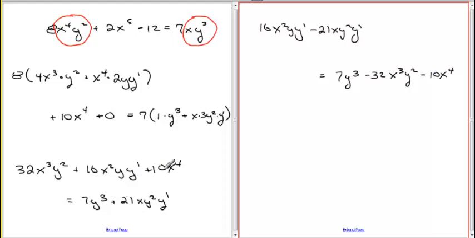So we still have 5 terms. Now we have 2 on the left and 3 on the right. The 2 on the left involve y prime, so you factor out y prime. And the right-hand side stays the same.